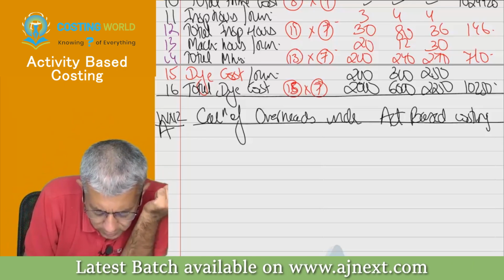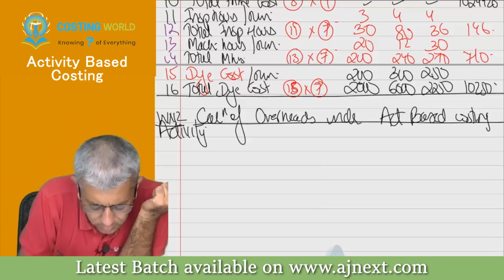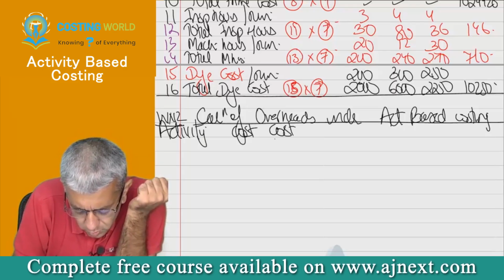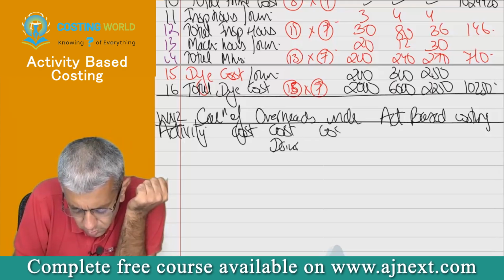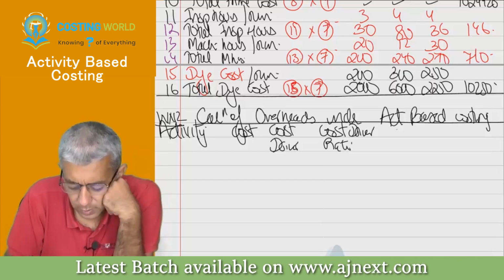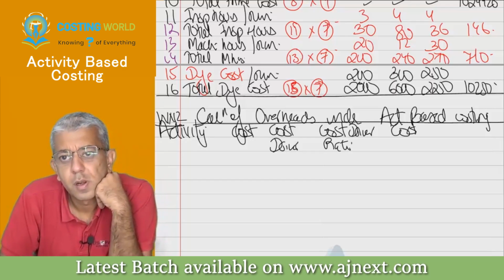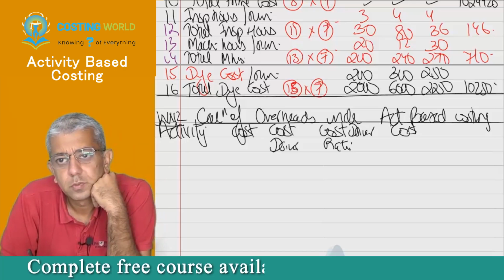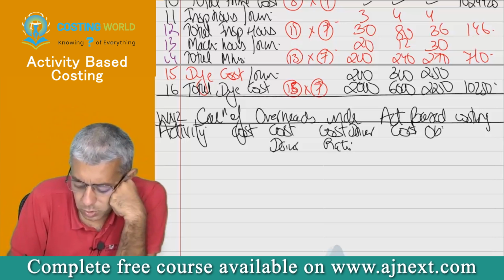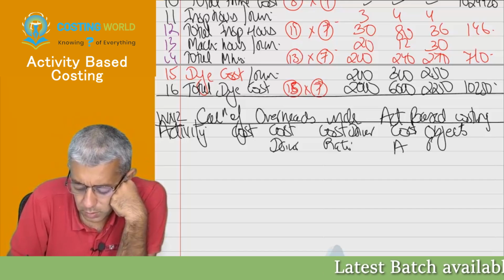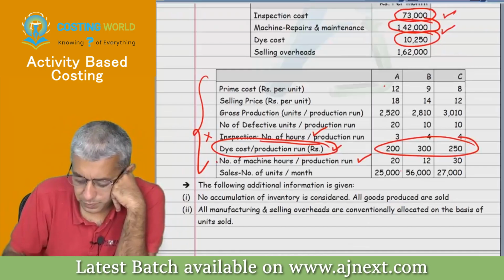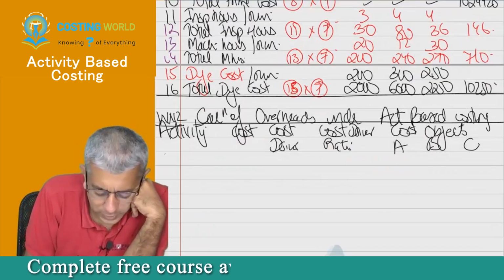So your usual things that we all have done: activity cost, cost driver rate, and cost objects A, B, C. Now see, we'll start with this particular thing, inspection cost.